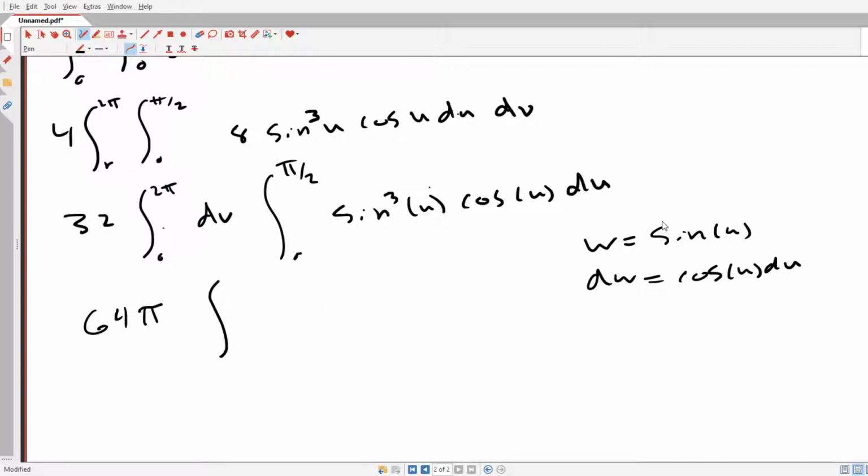At 0 we get 0. At pi over 2 we get 1. This is going to be w cubed dw. And so we integrate that from 0 to 1, we get 1/4. So this is 64 pi over 4, which is 16 pi.